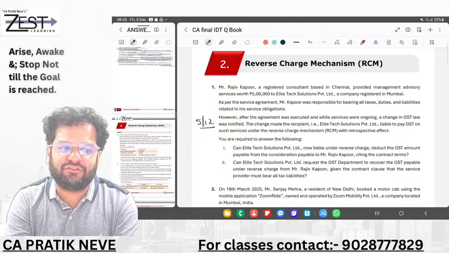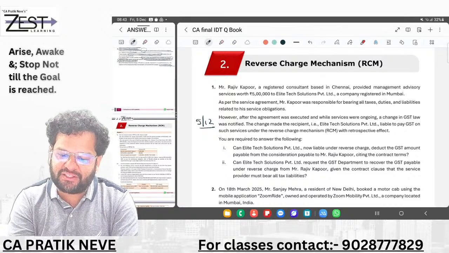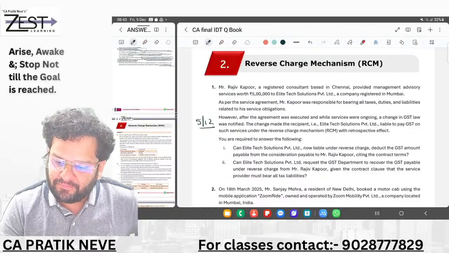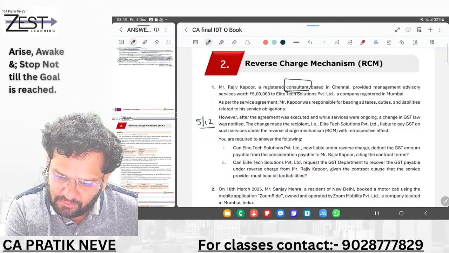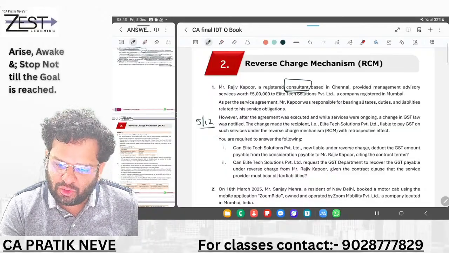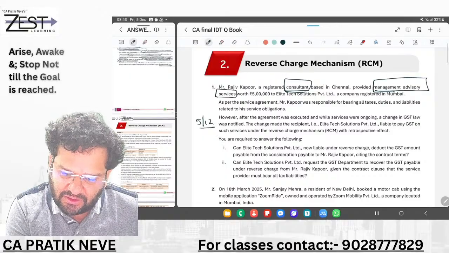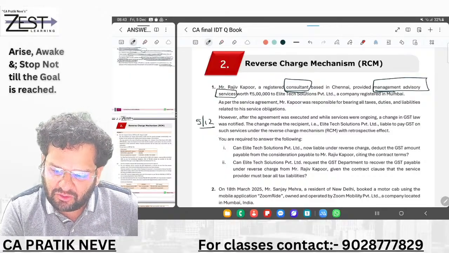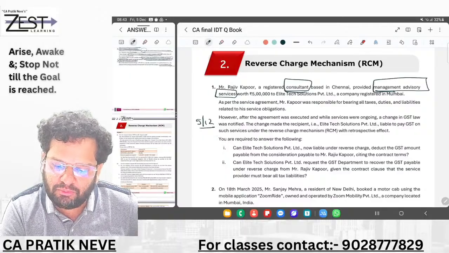Mr. Rajiv Kapoor, registered consultant based in Chennai, provided management advisory services worth 5 lakh to Elite Tech Solutions Limited, company registered in Mumbai.